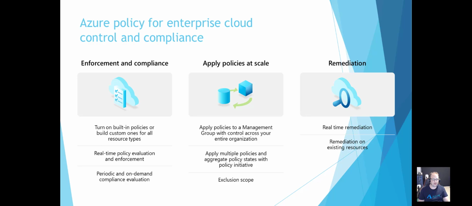A policy or initiative is newly assigned to a scope. A policy or initiative already assigned to the scope is updated. During the standard compliance evaluation lifecycle, which occurs every 24 hours.